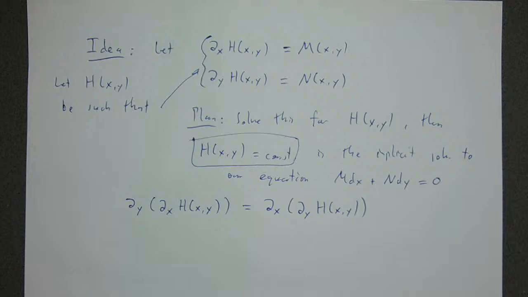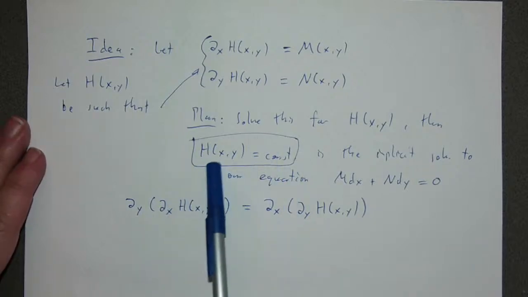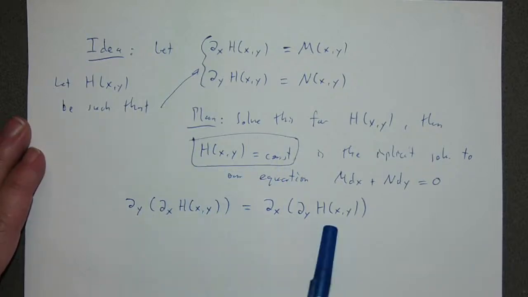If it's continuously differentiable at all of the points in its domain in question, that's enough to guarantee that it doesn't matter in what order you do the derivatives, right? So you had to specifically cook up examples where this failed. And continuity was always an issue where that happened. So if you were dealing with something that was relatively nice, this was always true.